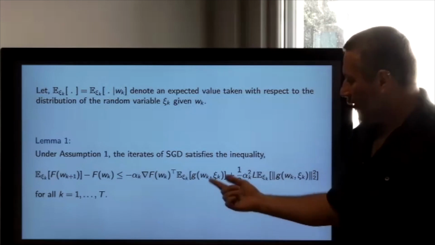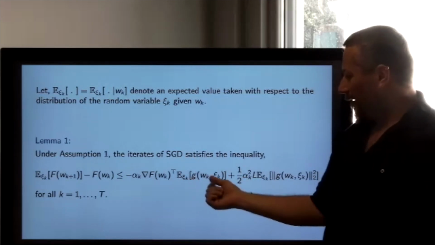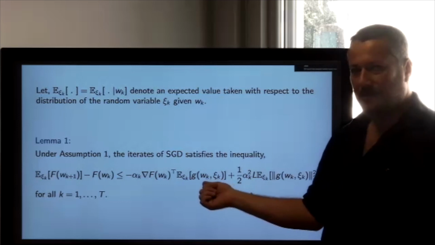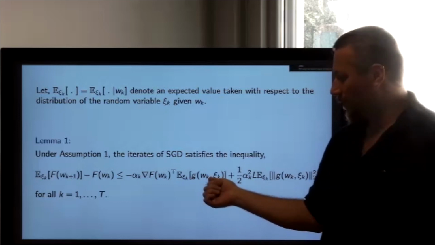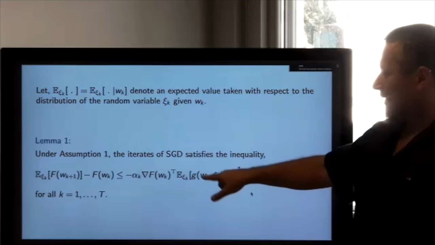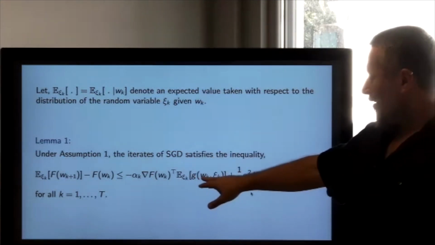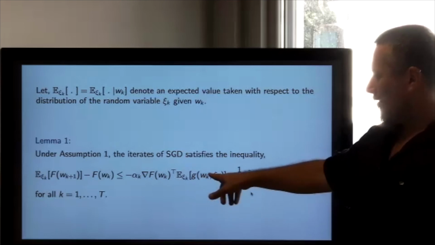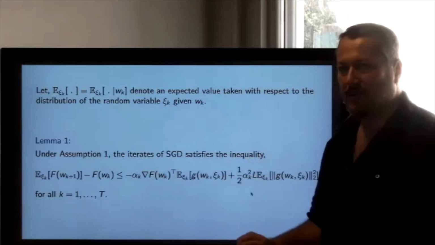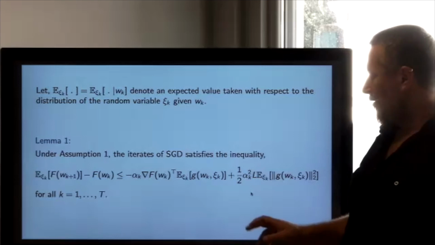So actually, with our approach, we can calculate this, and we can show that this is positive. It's very easy, and I'm going to talk about that tomorrow, but the expected value of these gradients is just the gradient of f, right?